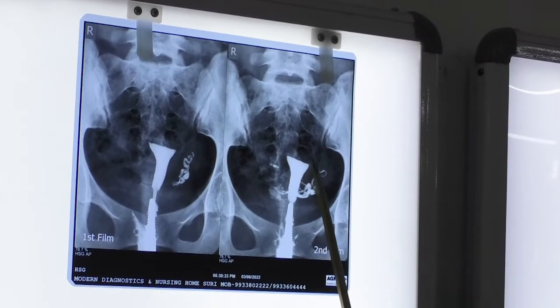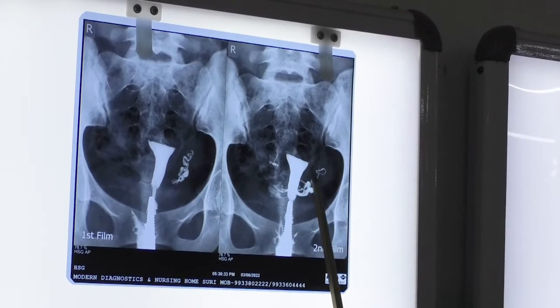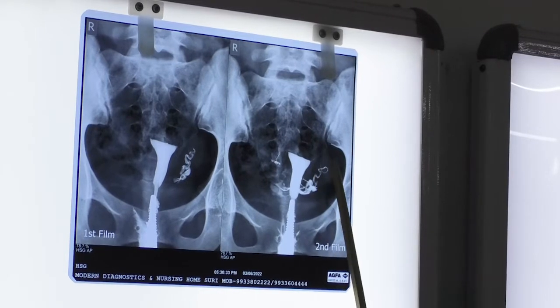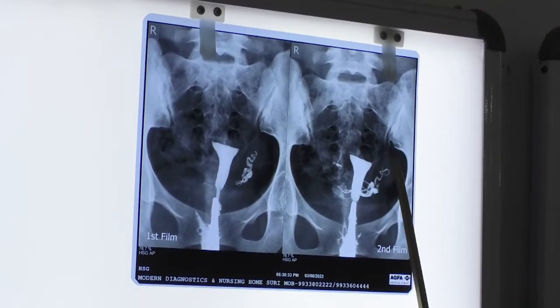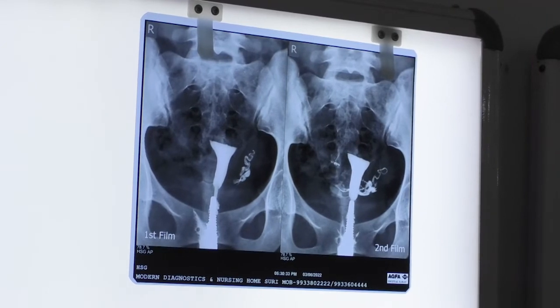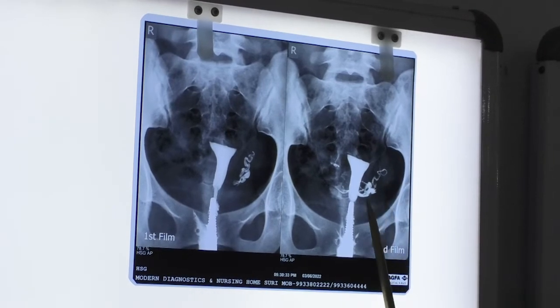Then we can see a linear white shadow. This is the shadow of the fallopian tube.